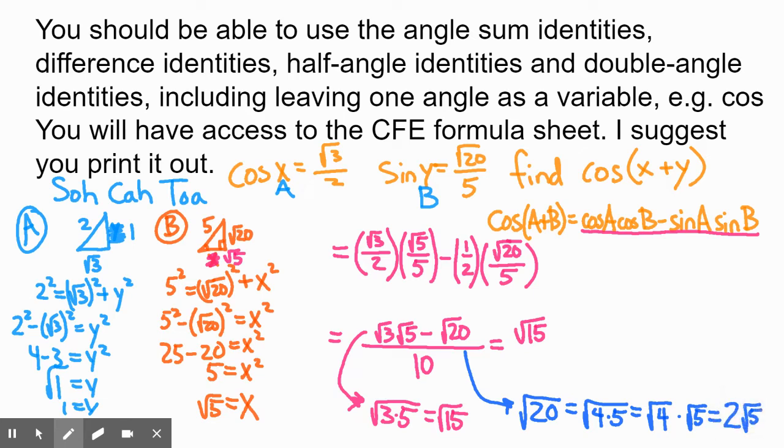We're trying to get this in the simplest form. All right, so now we go back to here, and so we got square root of 15 minus 2 square root of 5 over 10, and that's all we can do with that. There is nothing more we can do with that.